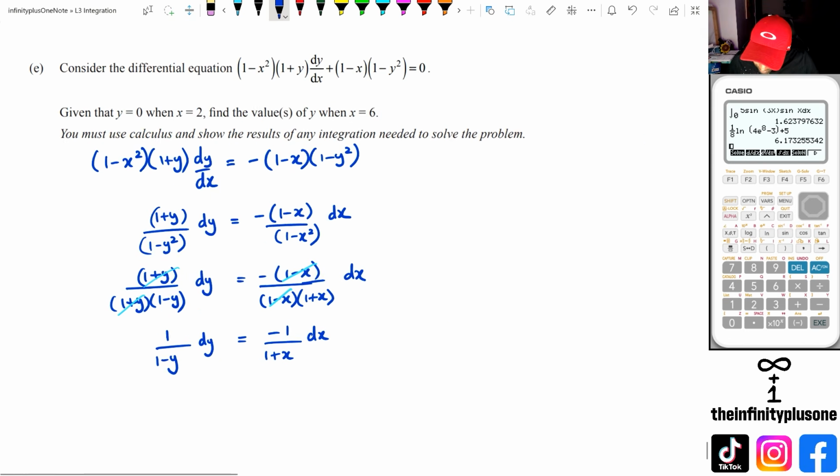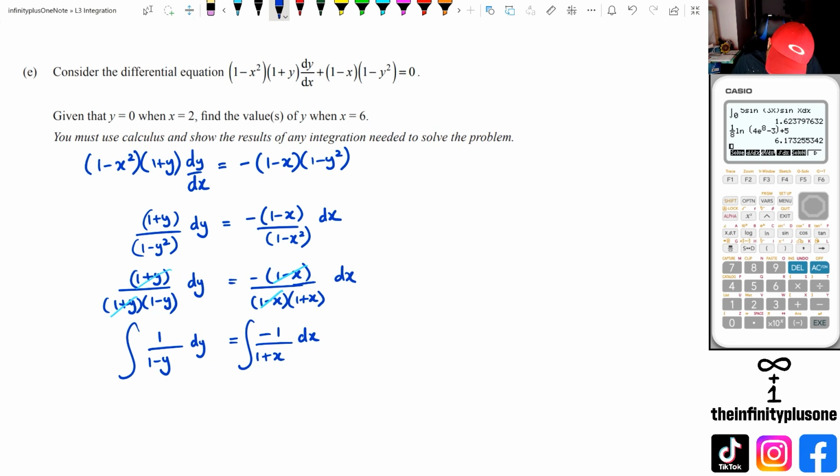So I've got to integrate both of these now. When I integrate the first one, I'm going to get ln of (1 minus y), divided by the differentiation of whatever this is, which is negative 1, equals negative 1 times ln of (1 plus x), and of course I need the plus c as well.